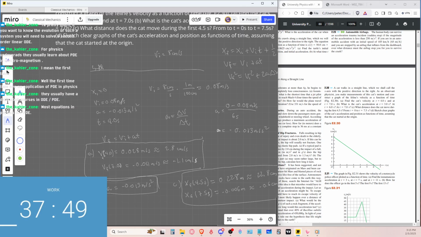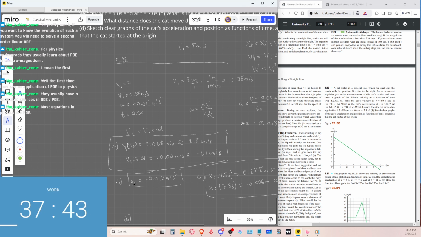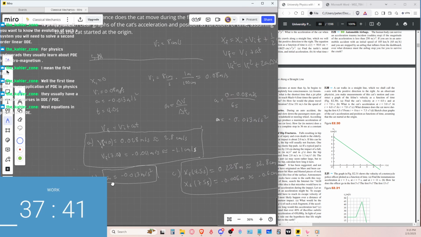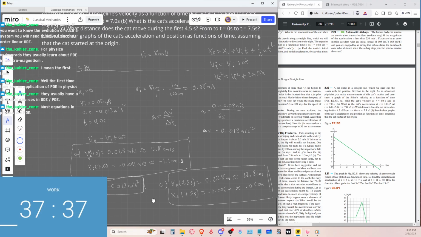Most equations in physics are PDE. Oh, okay. Gotcha. So there's more physics in PDEs than ODEs. Or am I just assuming too much?